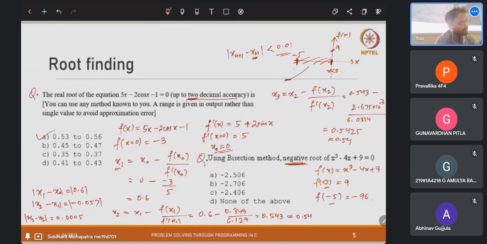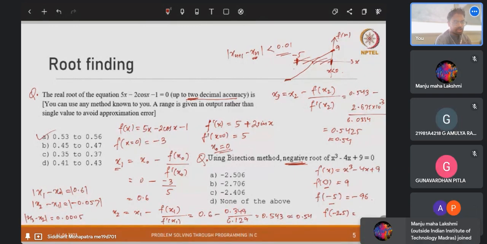So the root occurs between minus 5 and 0, that's what I definitely know. Now I have to start iterating. I have to calculate the value at the midpoint of minus 5 and 0. I calculate here and check whether it's positive or negative, and repeat the bisection.